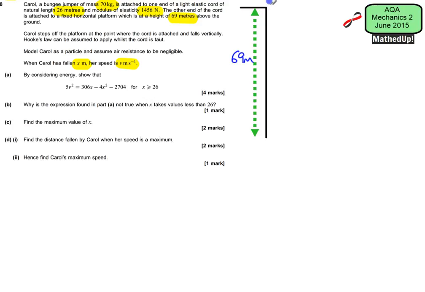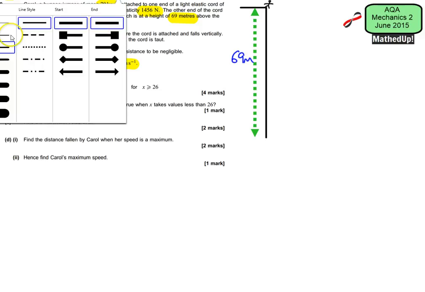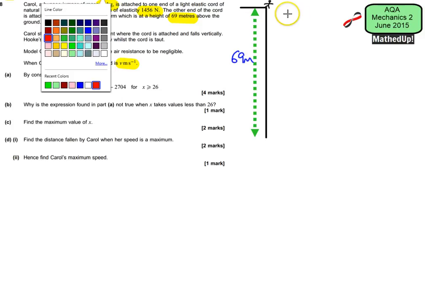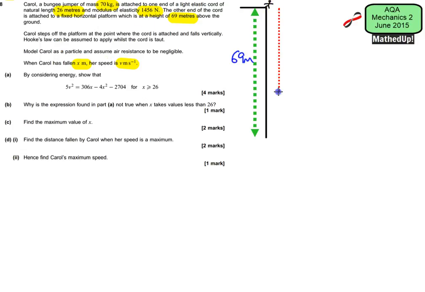Here's little stick Carol, about to jump off the cliff, and her bungee cord, which I'll draw as a dotted red line, has a natural length of 26 meters, so I'll draw it to about that.